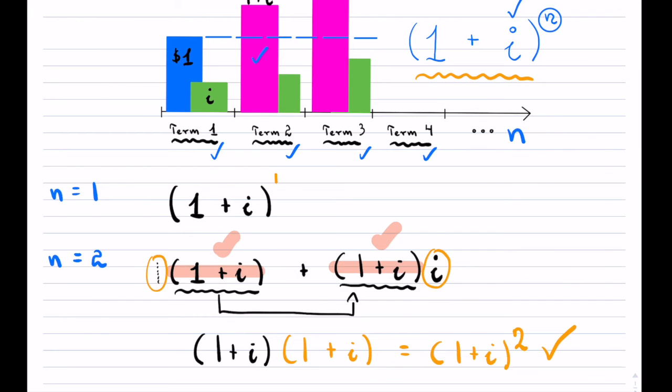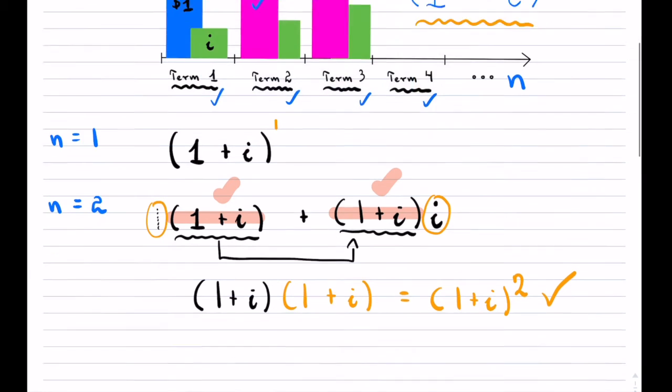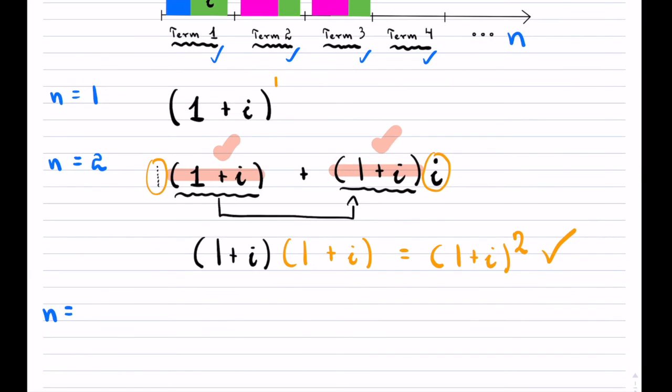If we now want to see n is equal to 3, how much money do we have at the starting point? We have 1 plus I to the power of 2 plus, just as we did for n is equal to 2, we have to add the interest.